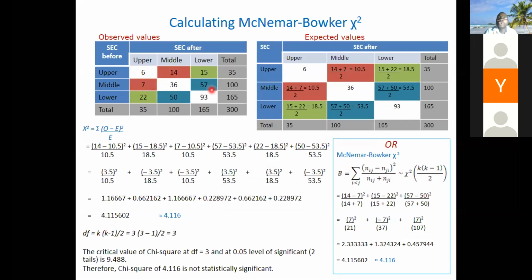So the degree of freedom for this one will be 3, which is equal to the number of pairs. It has nothing to do with the number of discordant cells, because it just happened that the number of discordant cells is double the number of pairs. If it's higher, it's going to be different. So what will tell you the degree of freedom is the number of pairs of those discordant cells.